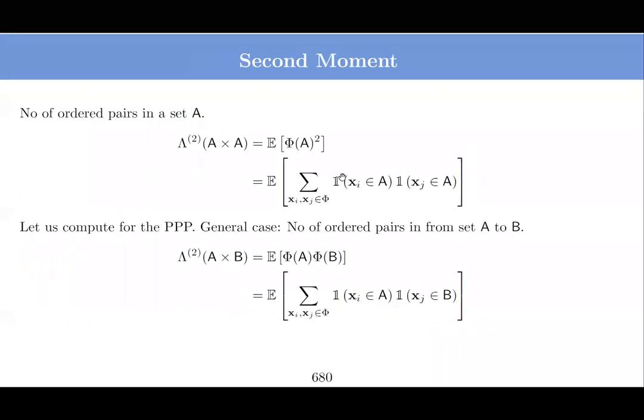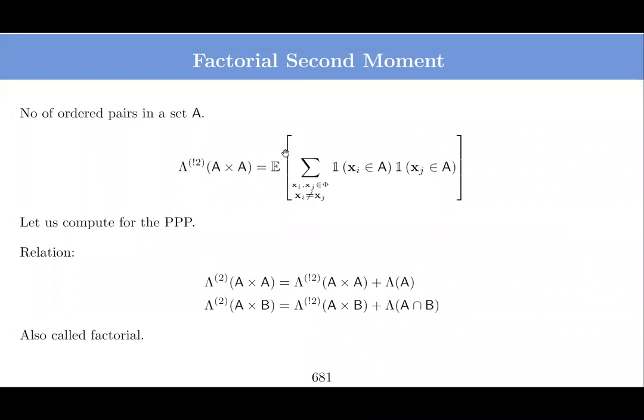You can basically take this summation and write it in two parts: one where the pair xi and xj are not equal, plus all the remaining terms where xi and xj are equal, that is, the summation over all xi equal to xj of the indicator that xi belongs to A. If you write the expectation on both terms, you get the following relation: the second moment of A cross A is equal to the factorial second moment of A cross A plus the mean number of points in A. Similarly, for A cross B, the second moment of A cross B is equal to the factorial moment of A cross B plus the mean number of points in A intersection B.